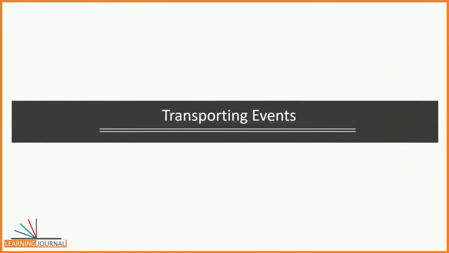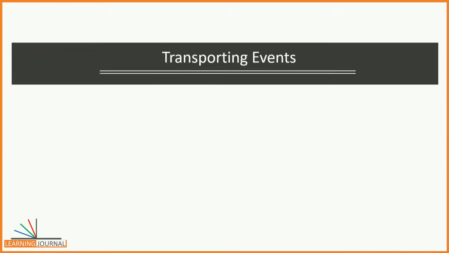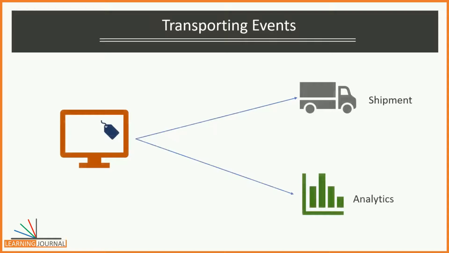But here is a question. Why do we need to transport an event? Transporting events from one place to another place is a common requirement. We cannot avoid the need for moving events from one place to another location for simple reasons, such as you cannot process everything on a single machine in a single monolithic application.